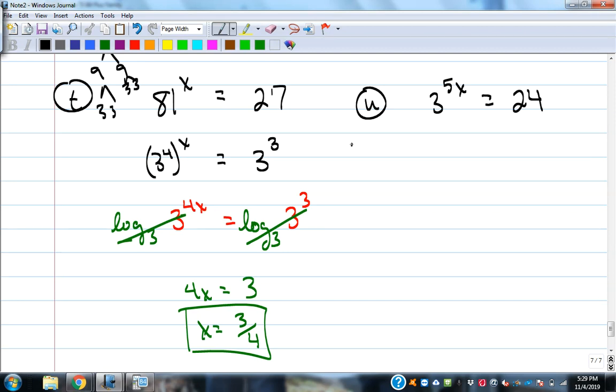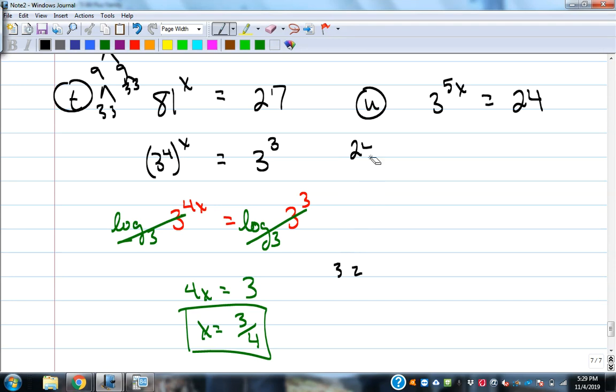Because if I think about breaking down 24, I think, okay, that's 12 times 2, and then that's 6 times 2, and that's 3 times 2, and it doesn't work out to be the same number as a base. It's not a nice exponential number, so I can't use that trick here. So I've got to have some other way.